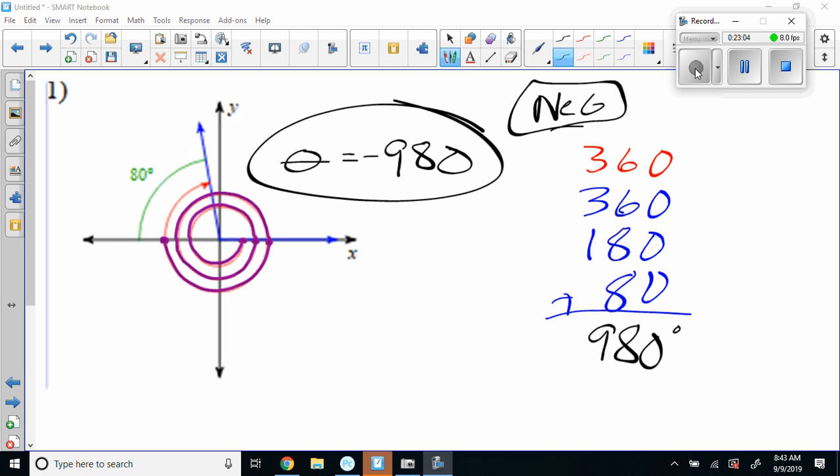NEG for negative, POS for positive. Name it, claim it, right? Everybody good with that? Does everybody see my plan of attack? I'm working in the world of 360, 180, 90 degrees. How much is 90 degrees?